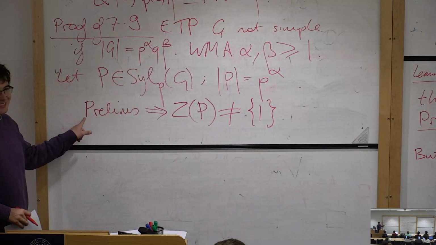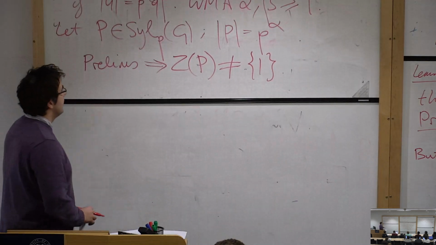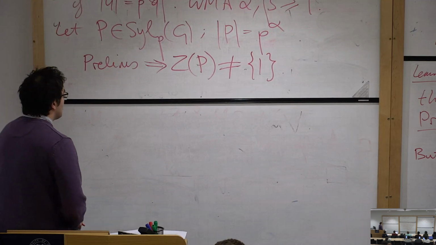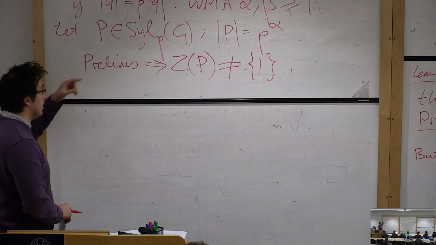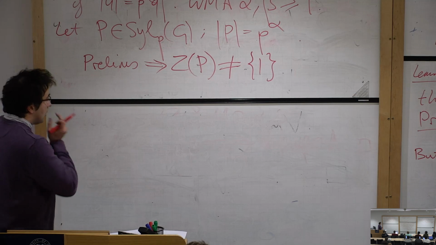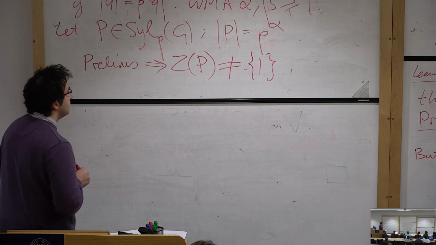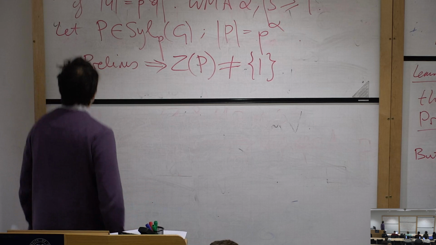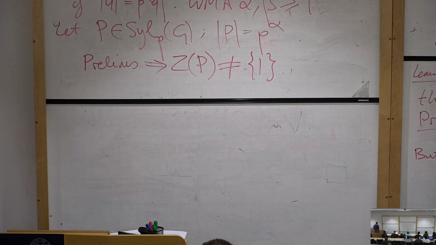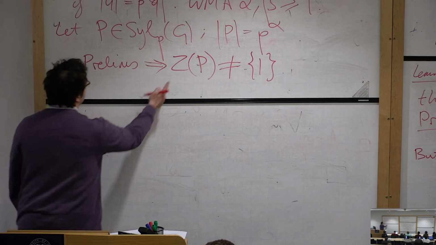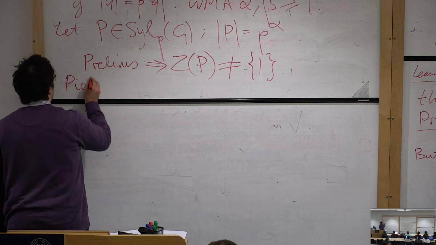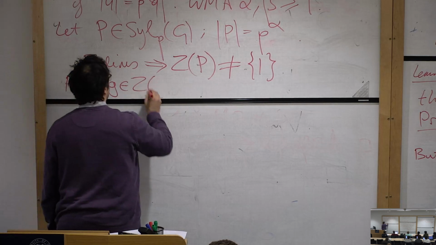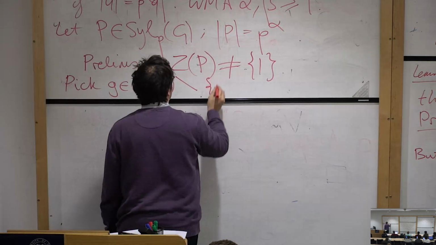This fact? Yeah. Class equation, look at the conjugacy classes. They all have sizes a power of p, and 1 has size p to the 0, so there must be at least one other class which is a power of p and not a multiple of p, which is then a singleton, and that gives us a non-trivial element. So pick g central, non-trivial.